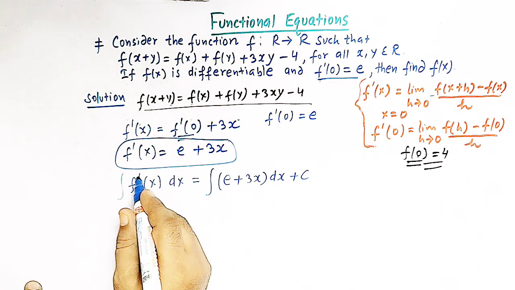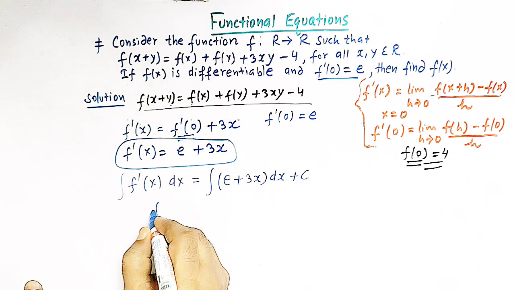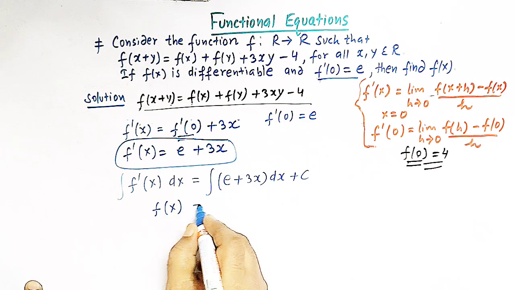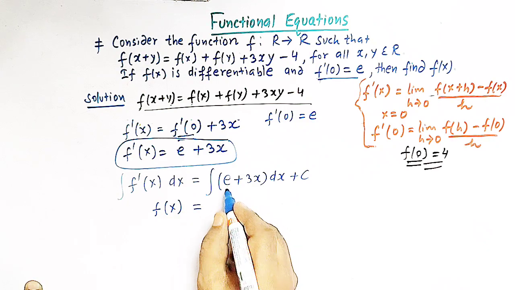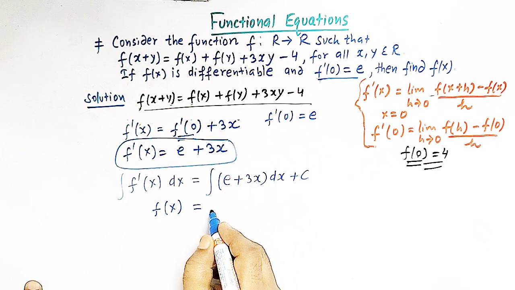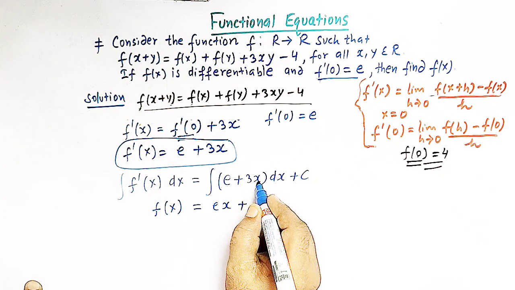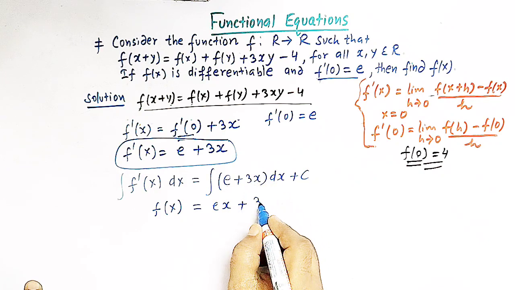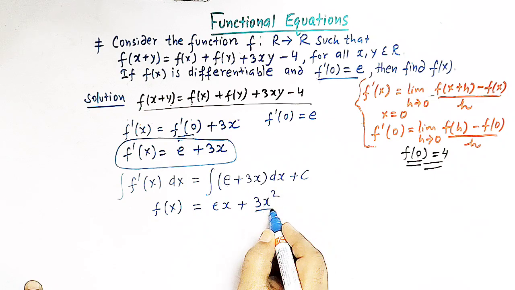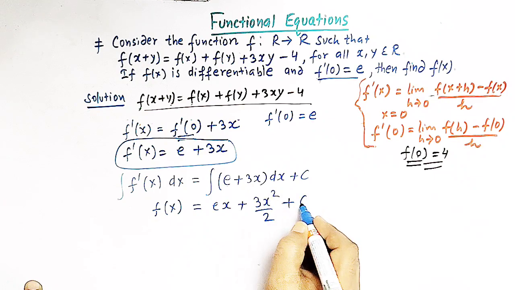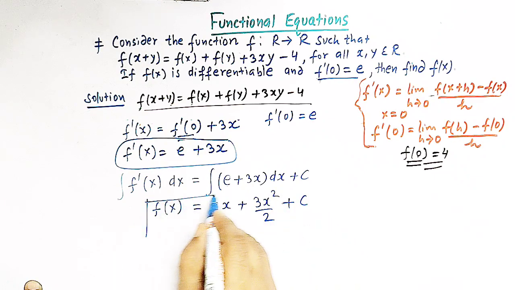So the integral of f prime of x dx is simply the function f of x, and the integral of e dx is simply ex, and the integral of x is x square over 2. So we have 3x square over 2, and c is the constant of integration.